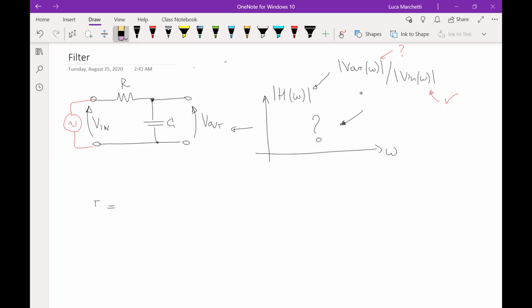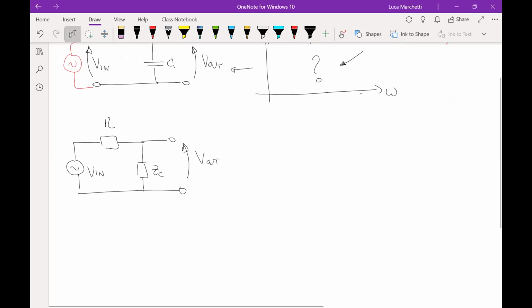I will try to do all the steps anyway, with all the simplification possible, so I do it very simple. As you can see, I substitute the capacitance with the impedance, and now I can find the formula for the output by using the voltage divider formula, but this time for the impedances.